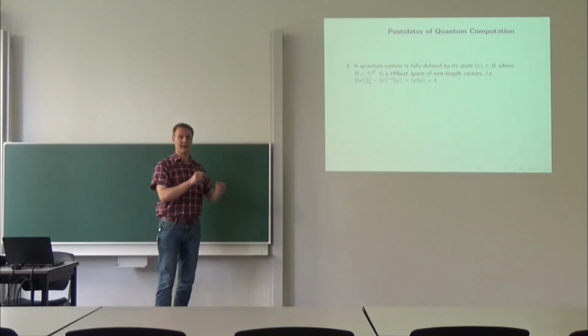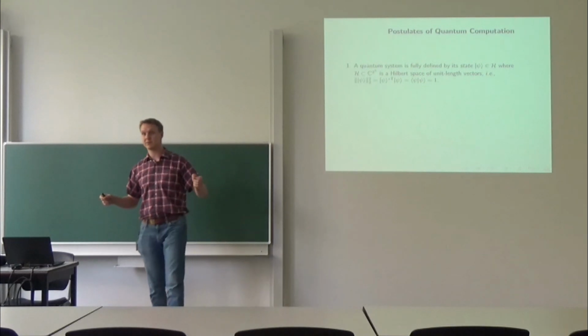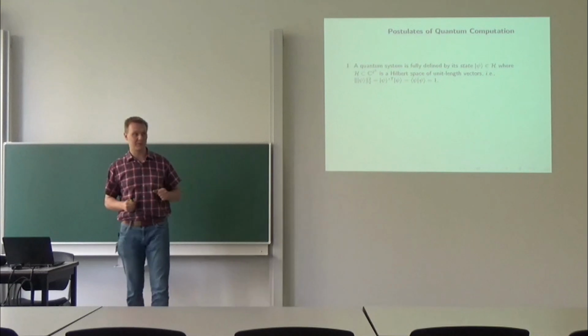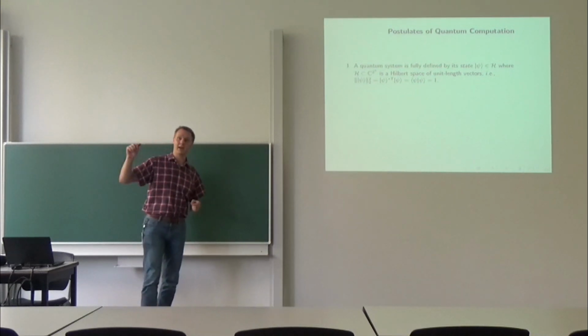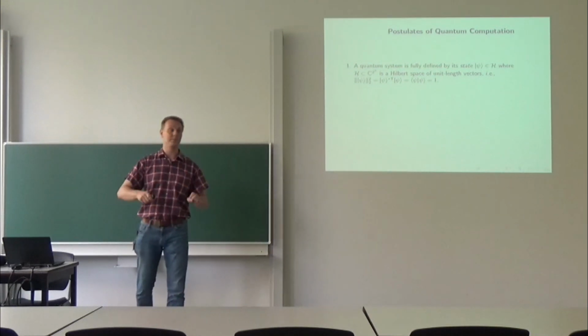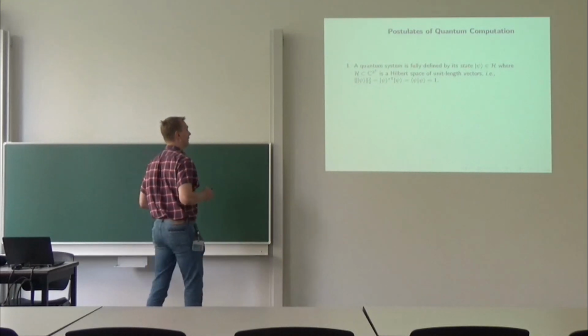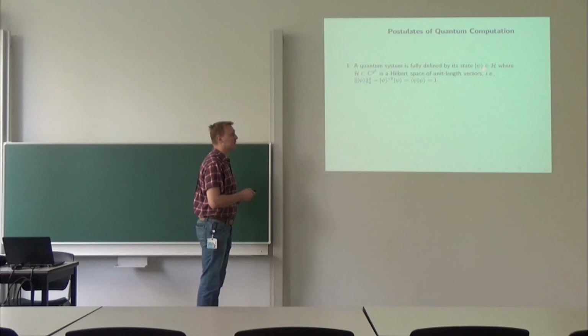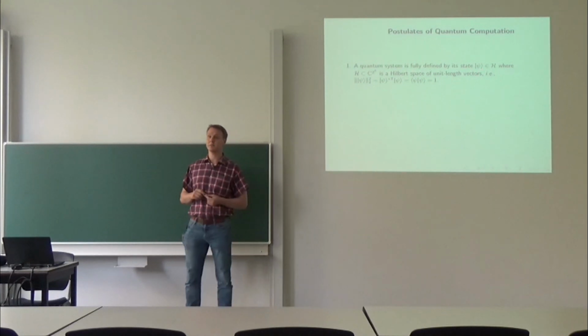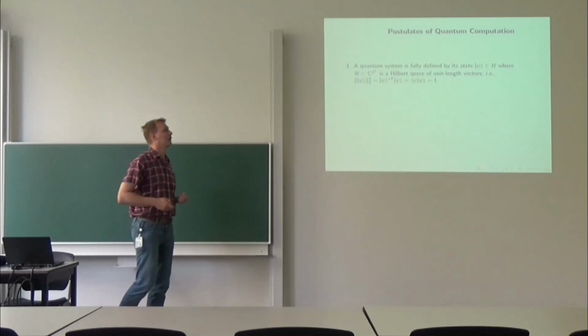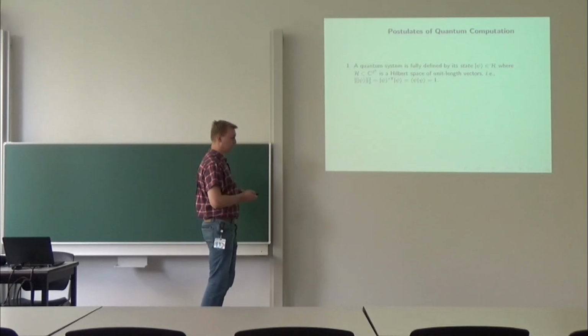So if you have k electrons, and each one of them has an up or down spin, then you have 2^k complex numbers describing in full the state of the system. And this complex vector has length 1, and that's a state. Every quantum state has length 1.